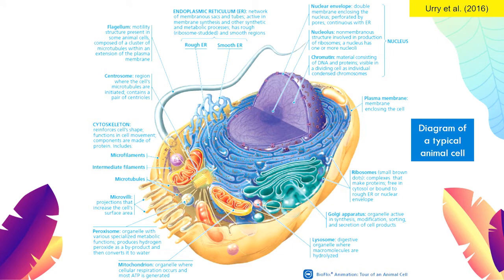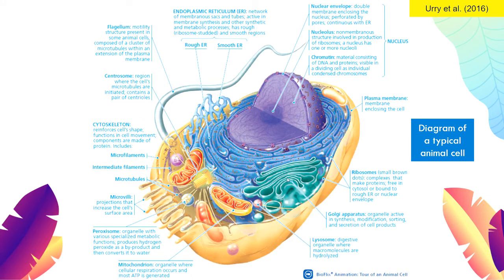The ones that are dotted with ribosomes, the small brown dots here, these are complex sites of protein synthesis. So that's the rough endoplasmic reticulum. Then you also have a smooth endoplasmic reticulum that is not dotted with ribosomes.